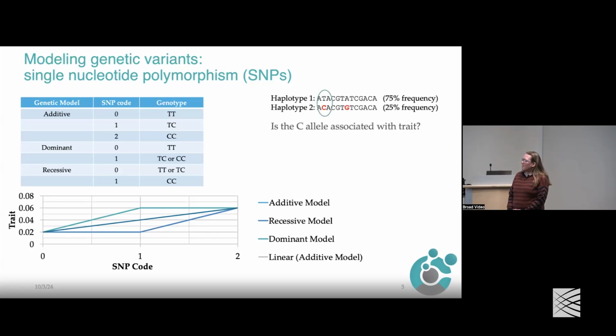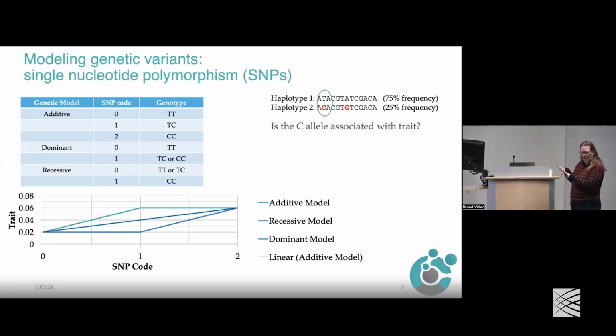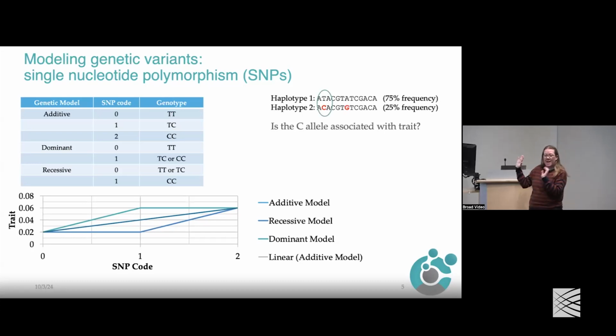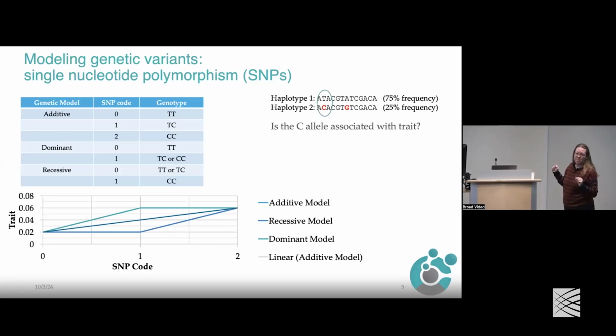Think of it like a regression analysis where you're trying to find a best fit in a relationship between a covariate and your outcome. So this line could represent the expected change in the trait value between people who have 0 or 1, or 1 and 2 as their value for the genotype or for the allele.